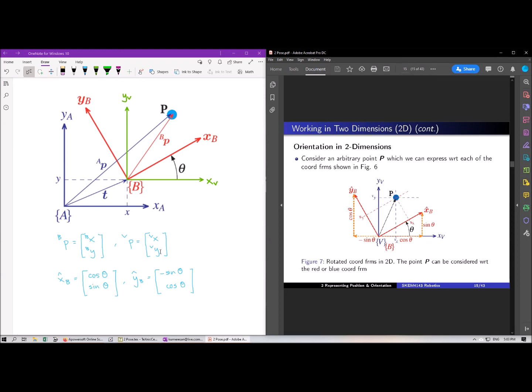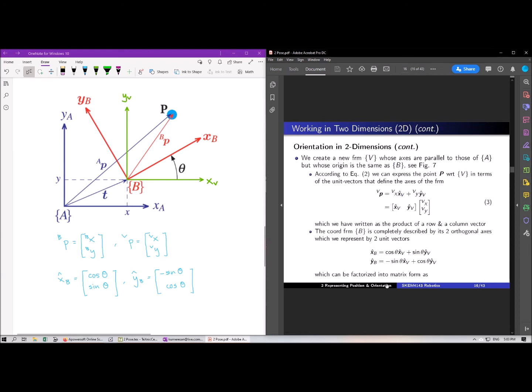Using trigonometry, you can establish that x hat b, the unit vector, is really (cos theta, sin theta), and y hat b, the unit vector, is (minus sin theta, cos theta). So how is this useful for us?